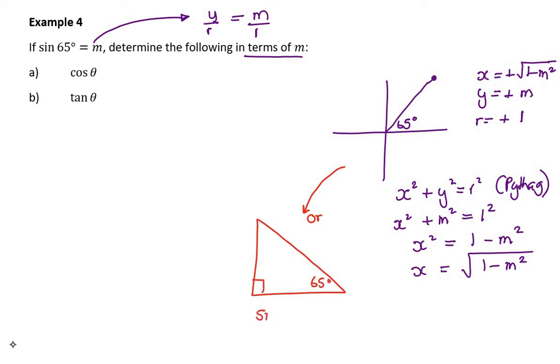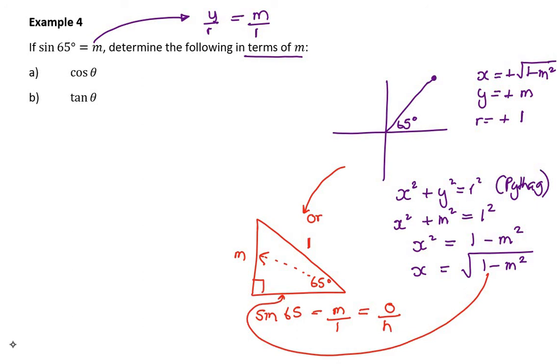If sine of 65 degrees is equal to m, which is technically m over 1, the definition in a right angle triangle would be opposite over hypotenuse. So my opposite has a value of m, my hypotenuse has a value of 1, and I would have done exactly the same working out to work out my adjacent.